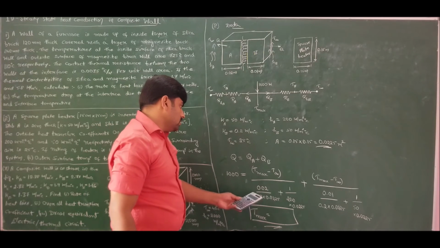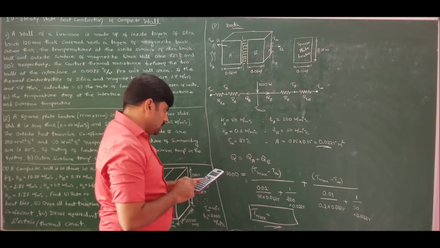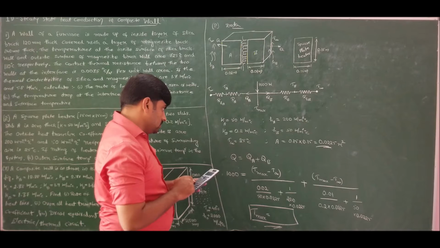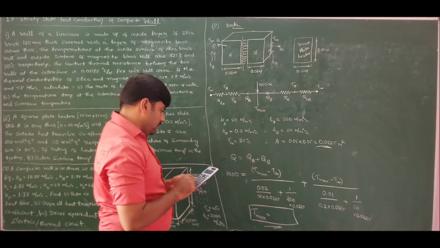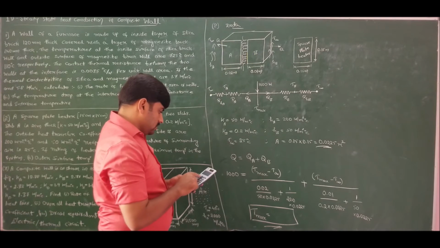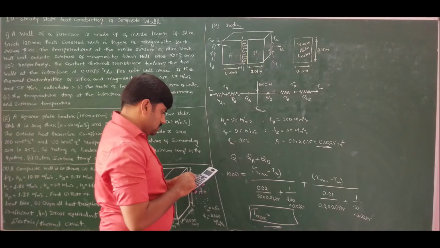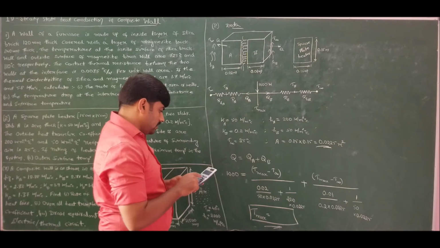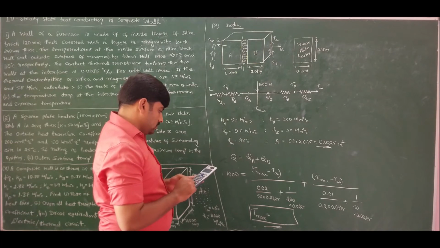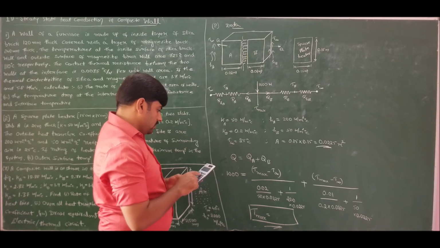Area throughout I can take common, so area goes to the denominator here, that is 1000 by 0.0225, which is equal to T max, which is unknown, minus T infinity, which is known to us, 25, into 1 by 0.02 by 50 plus 1 by 200 (area is already taken common), plus 1 by 0.01 divided by 0.2 plus 1 by 50.